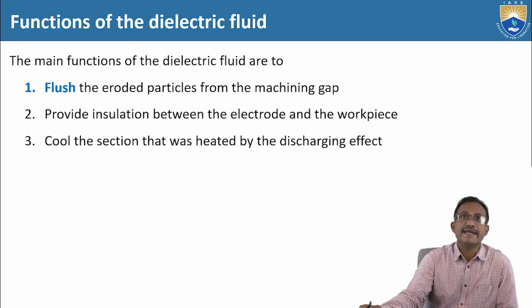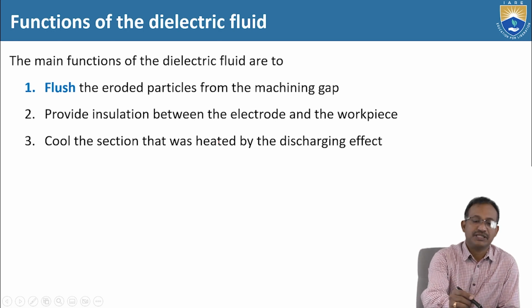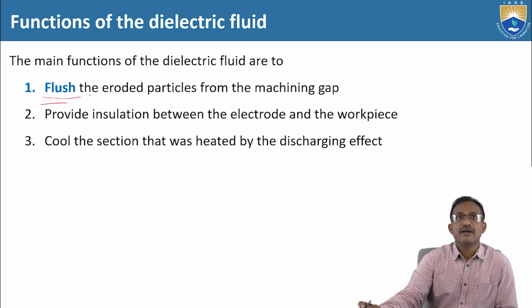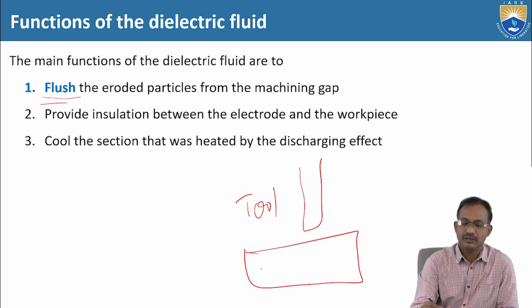Second, provide insulation between the electrode and the workpiece. Third, cool the section that was heated by the discharging effect. However, our focus is on flushing. Flush the eroded particles from the machining gap. Machining gap means the gap between the tool and the workpiece.